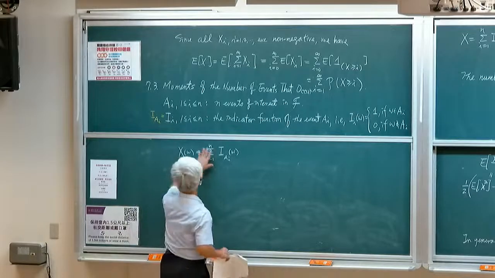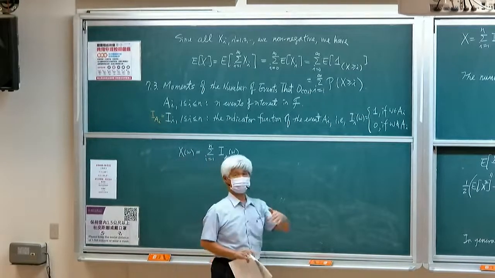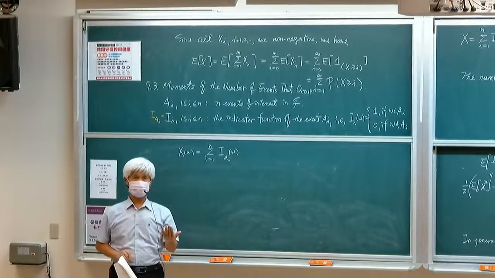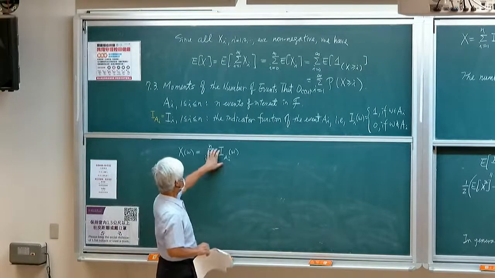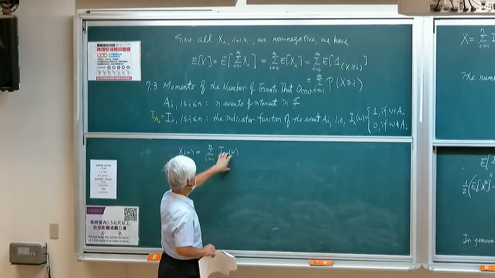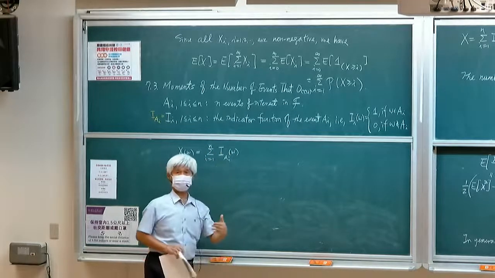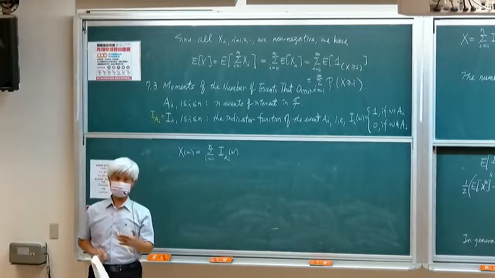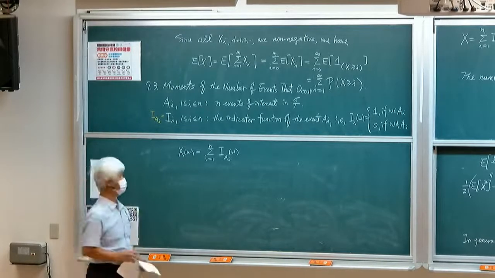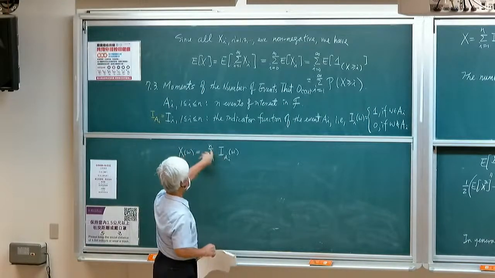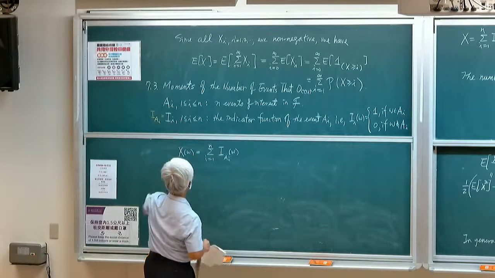Because A_i is the event that the ith person has a match, the sum of the indicators gives us the number of matches. So this is the typical application, right?